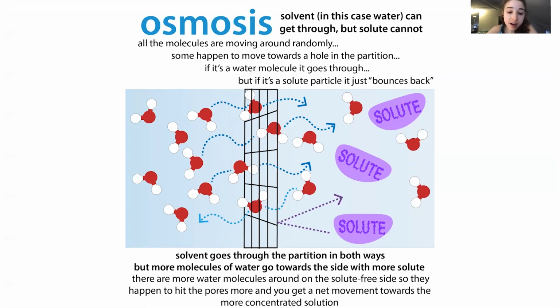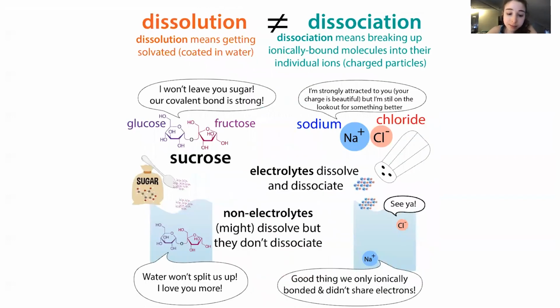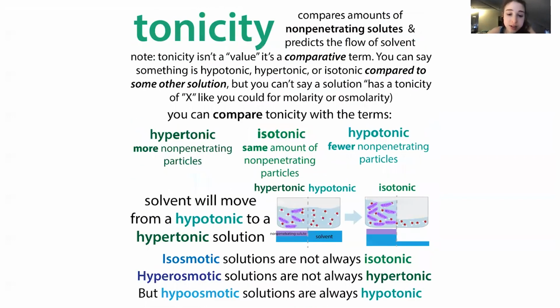Instead, we can use terms dealing with tonicity, which deal with the effective osmotic pressures and osmolarities. With tonicity, we actually take into account whether the membrane is permeable or not. And therefore, we only basically consider the effects of the non-penetrating solutes.